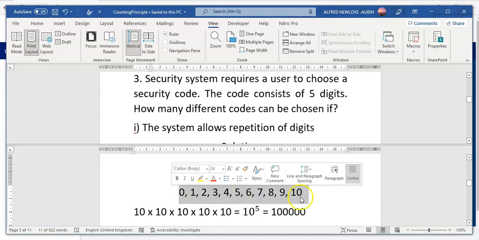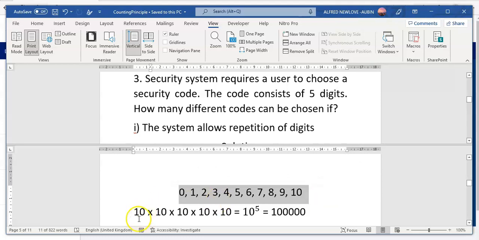Here the password is not 4, it's 5. So it means we need 5 spaces. The first space can take any of these from 0 to 9. It can be this or this or this, up to 10.